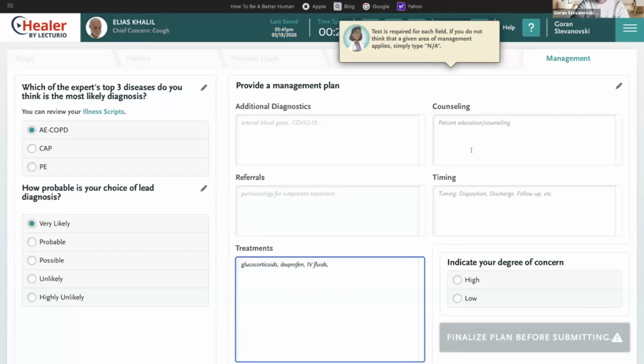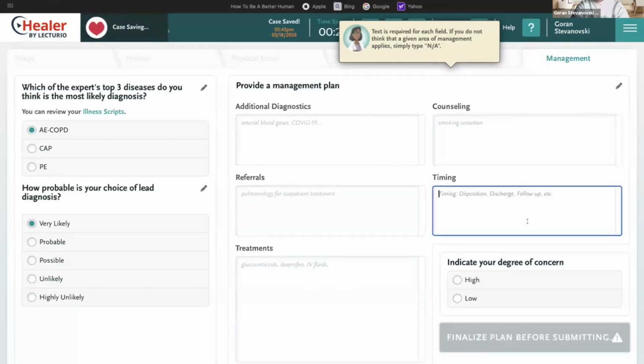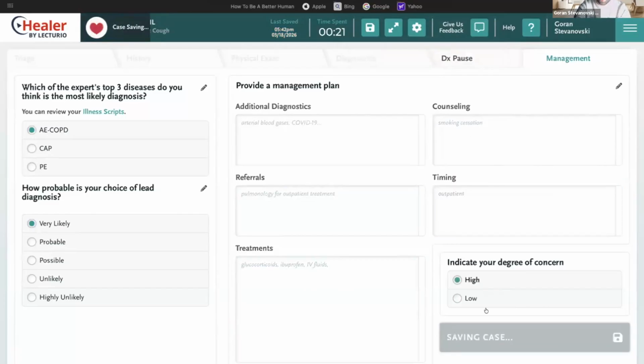So you could really add whatever you want. In counseling, we can say smoking cessation, because something that you all clocked at the beginning is that this patient is still smoking. The timing, let's say this could be outpatient, and then your degree of concern in this case could be high. So again, in here, you want your students to really write this up fully because the better they write it up, the better the feedback they get in the end.